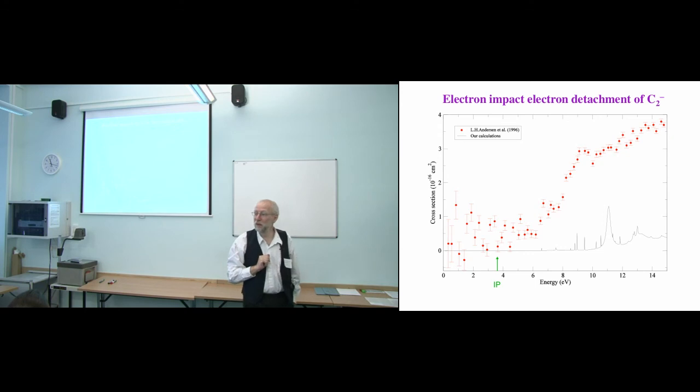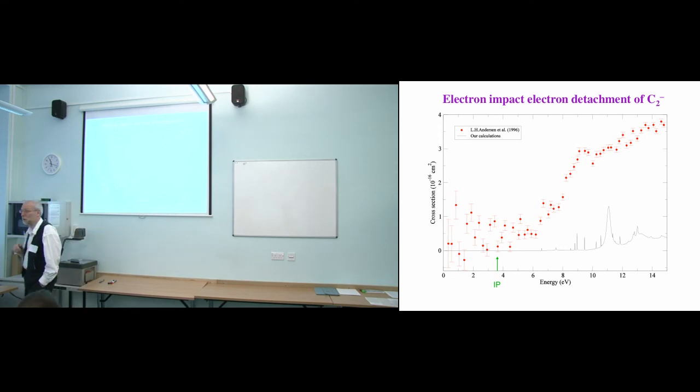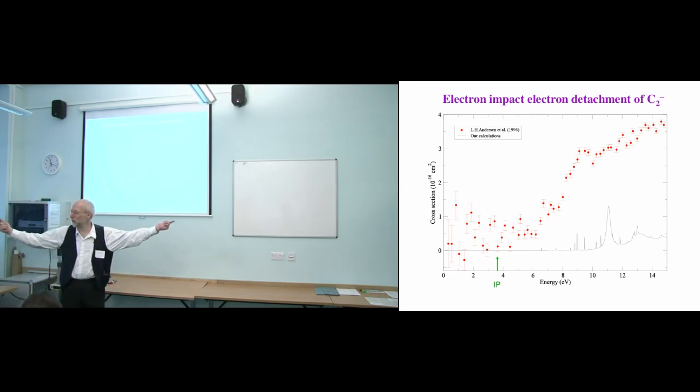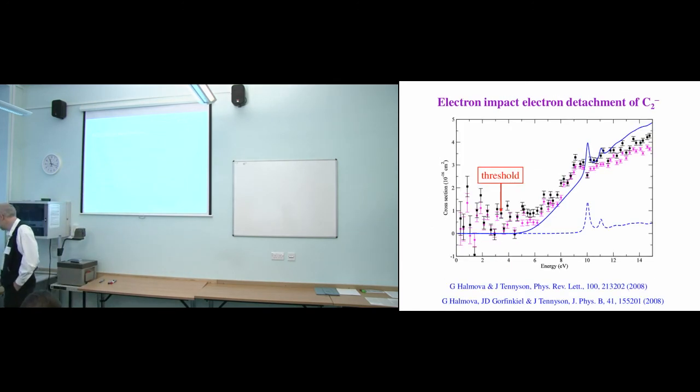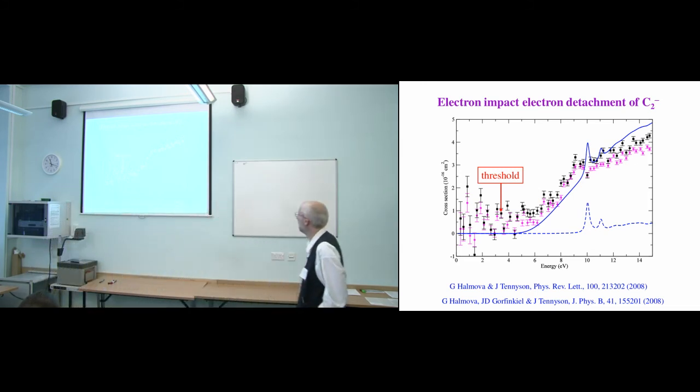So you can see there that we have resonance features here, which are roughly in the right position as the experiment, but you might notice that our cross-section doesn't appear to agree terribly well with the experimental cross-section. This turned out to be because we were just looking at the low partial waves, L up to G equals 4, and if you have Coulomb collisions, this is a very, very long-range effect. You have to consider all the high partial waves. So we put those in using the Born method for doing the collisions to high energy, and you can see we actually ended up with something.